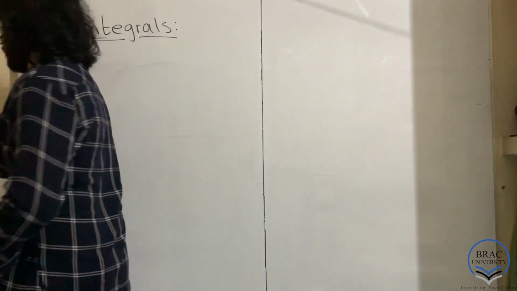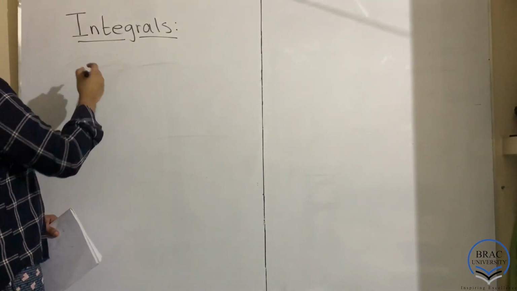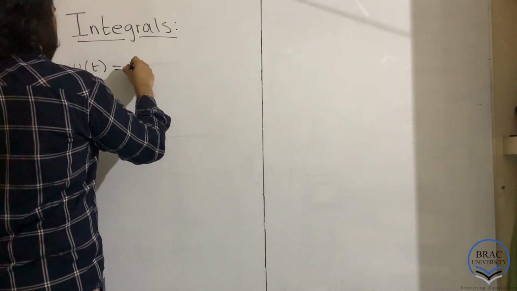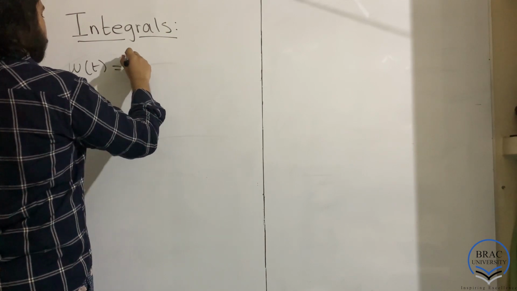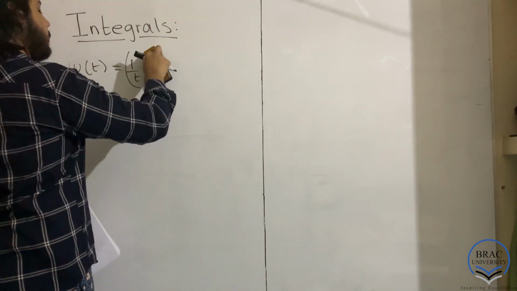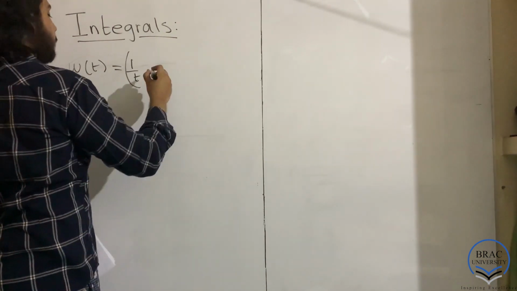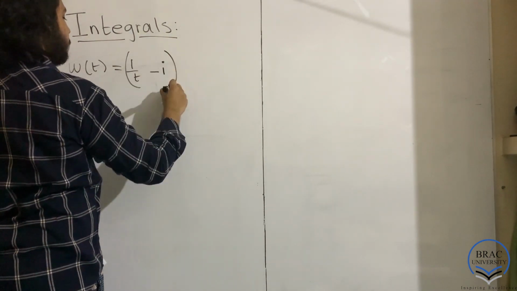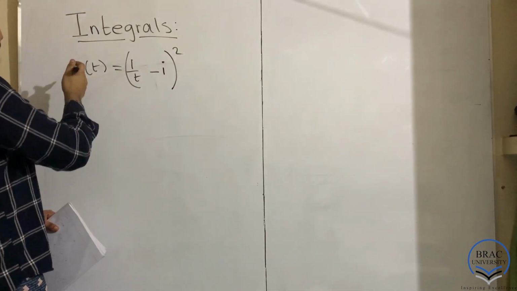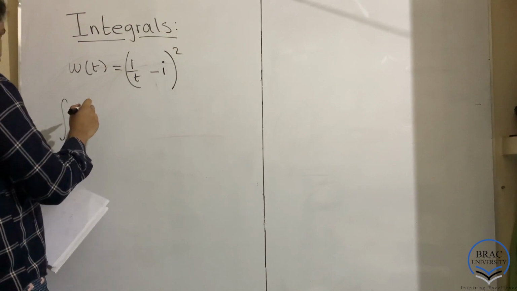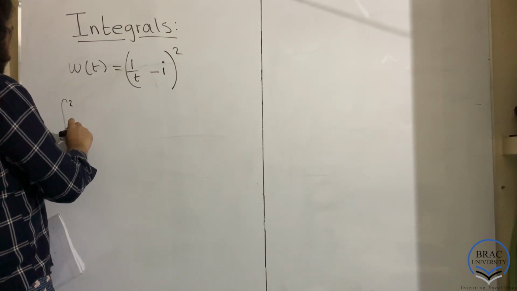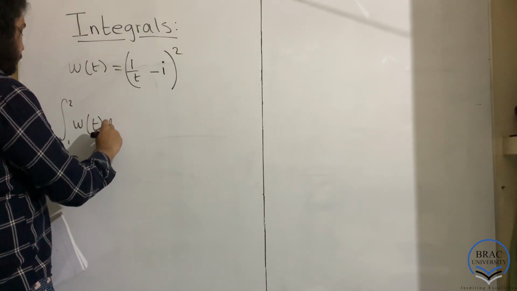So say you're given the complex number W(t), which is (1 over t minus i) whole squared. We're asked to integrate W(t) dt with limits 1 to 2.